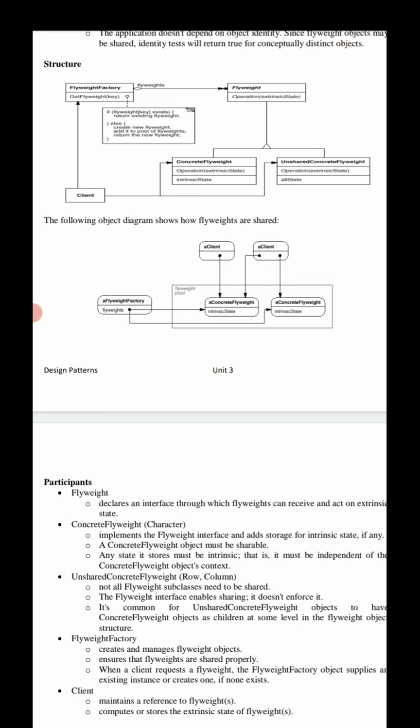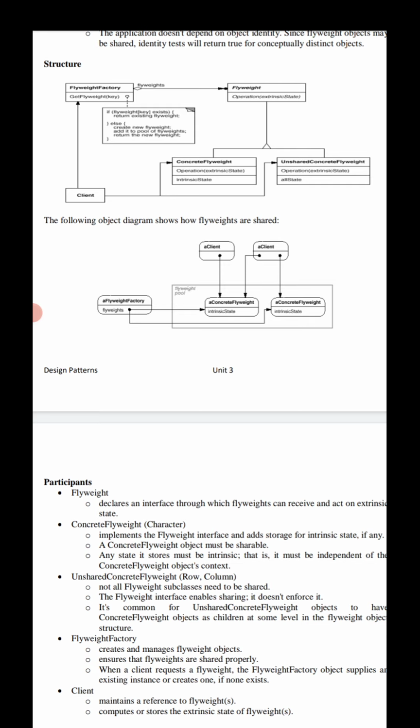Here we have to consider one more thing, the client. Coming to the following object diagram structure, it shows how flyweights are shared here.